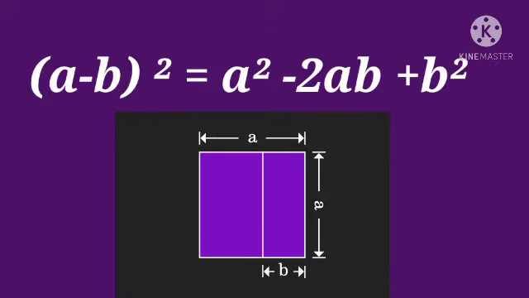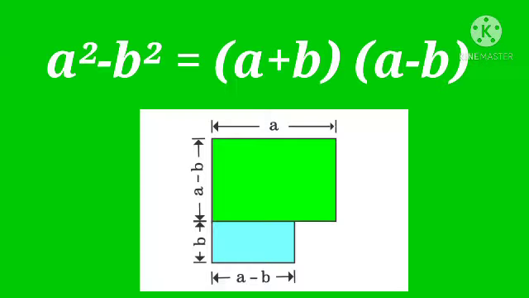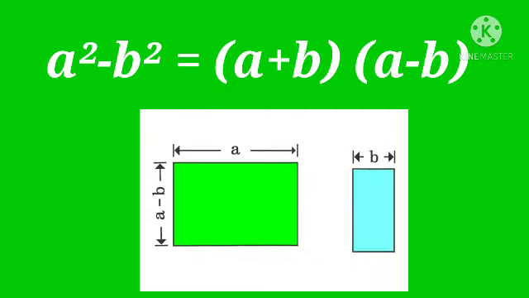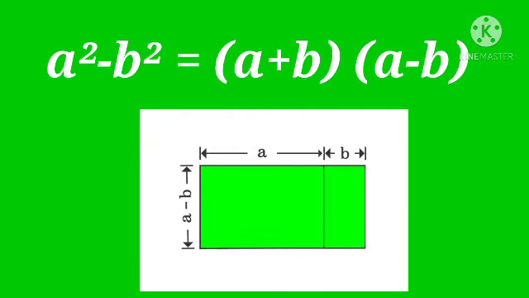Identity 3: (a minus b) the whole square is equal to a square minus 2ab plus b square. Fourth identity: a square minus b square is equal to (a plus b) into (a minus b).